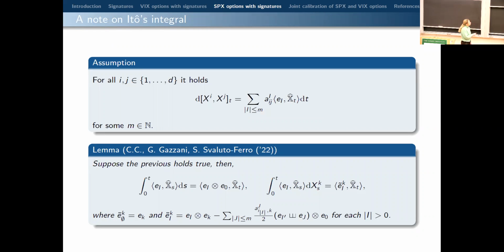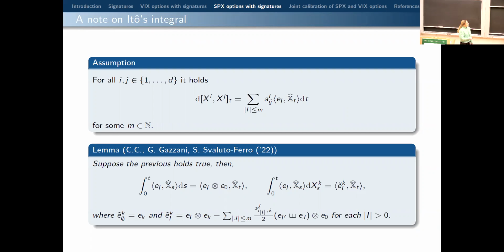Now what we suppose, and this is always satisfied in our polynomial framework, is that the quadratic variation is again a linear function of the signature of the process itself. This is satisfied in many models, in particular the polynomial ones, because in this case you can write the integral with respect to ds of that again as a linear function of the signature.